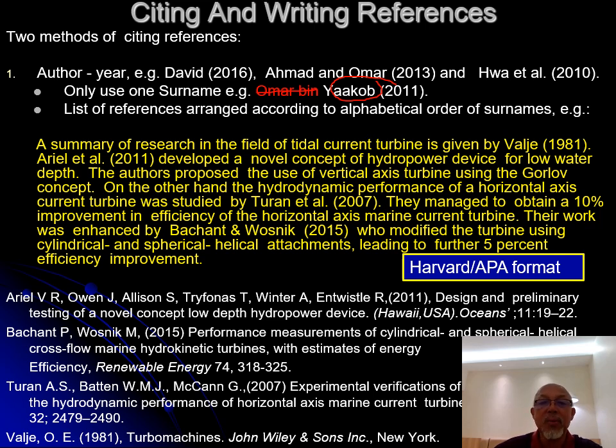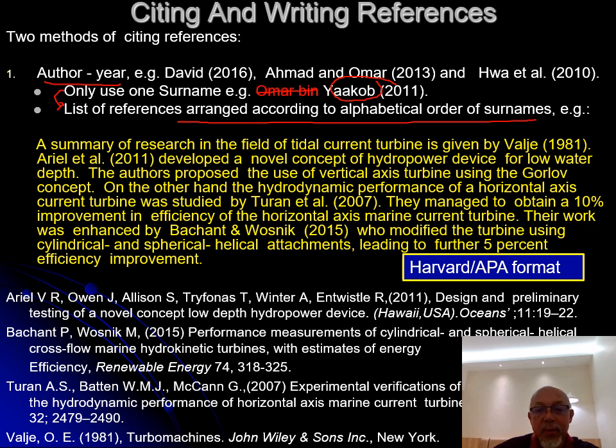Yaakob OB is not correct. When we use author year, never use any of those additional words or initials. So use one surname, and then it comes together in tandem with this. The list of references must be arranged according to alphabetical order of the surnames. So it is not order of appearance, but order of surnames.